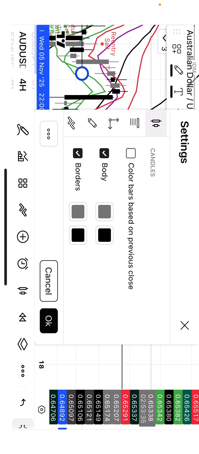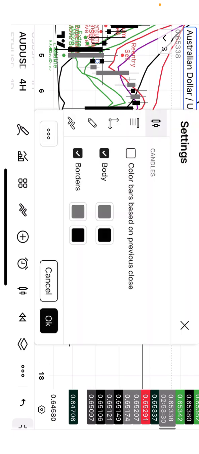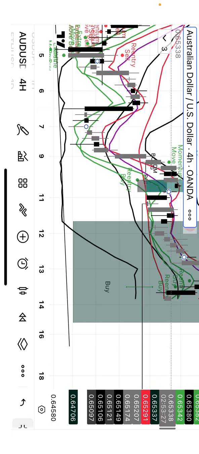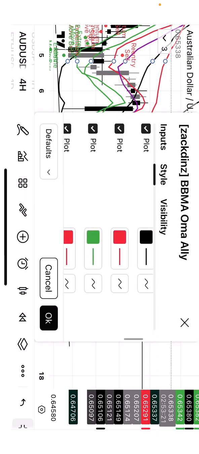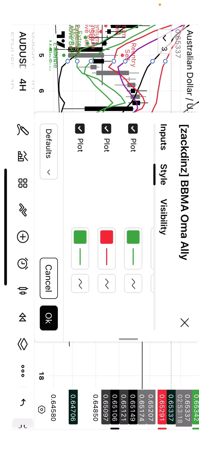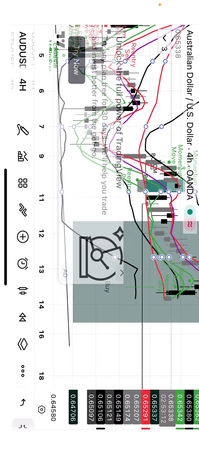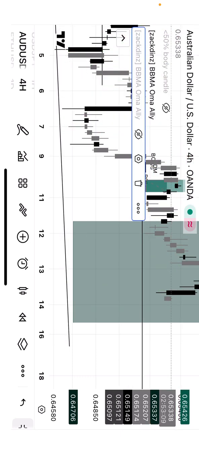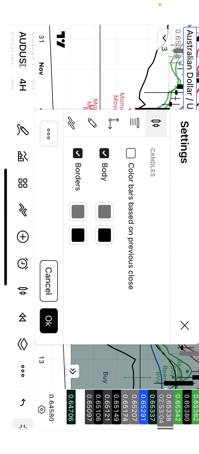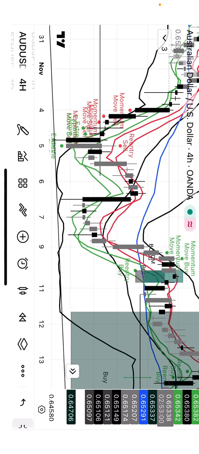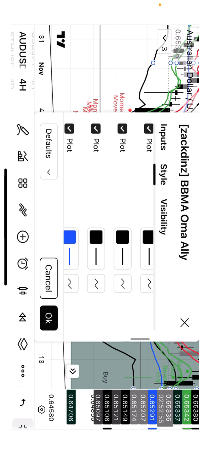I mean, our settings. Red, green, red, green. This one is supposed to be blue. That one, the one I edited. Blue is supposed to be there, like I see now. Okay, red, green.